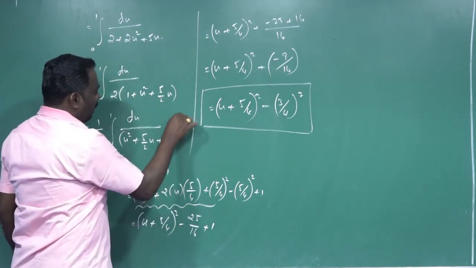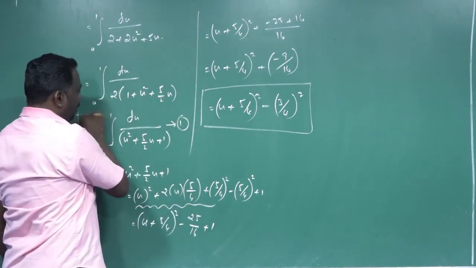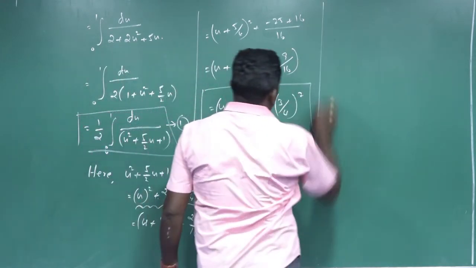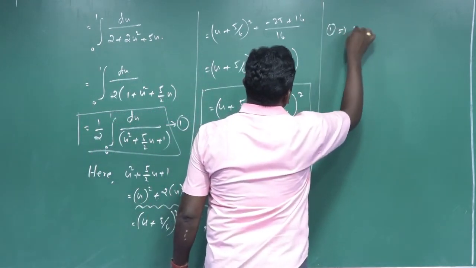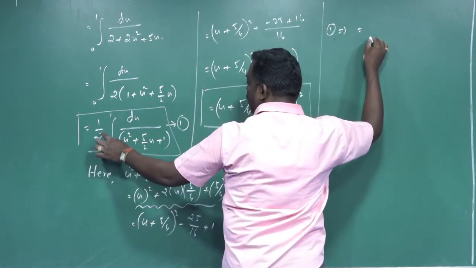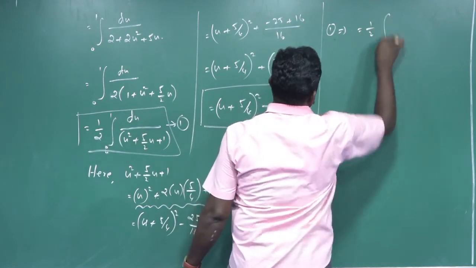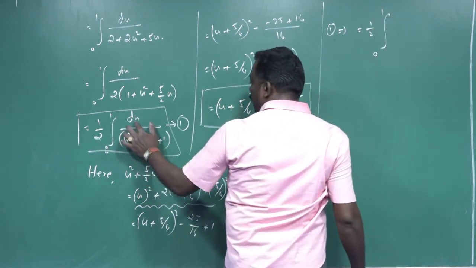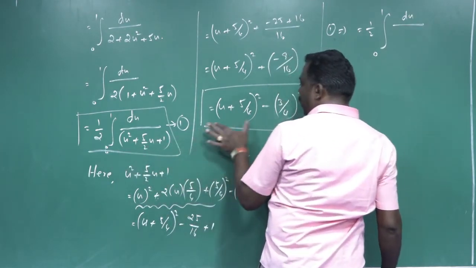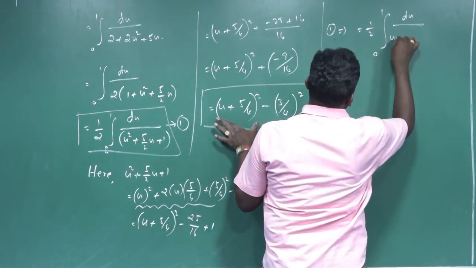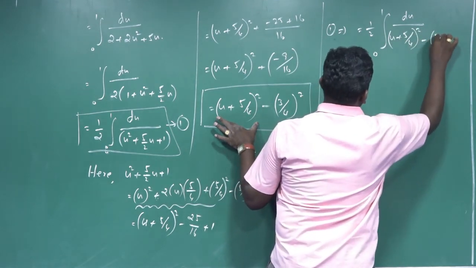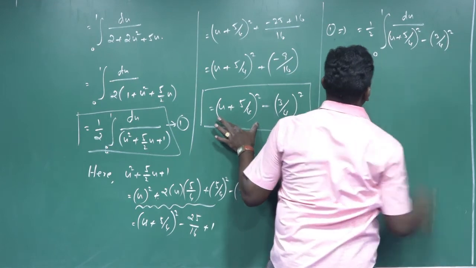Supposing this is the last integral value, consider it equal to I. Therefore, equation 1 implies that I equals 1/2 times the integral from 0 to 1 of du by, instead of this term, we replace it with (u + 5/4)² minus (3/4)².